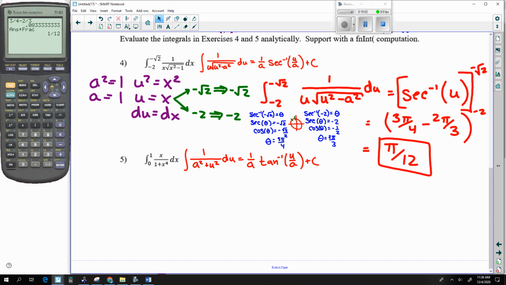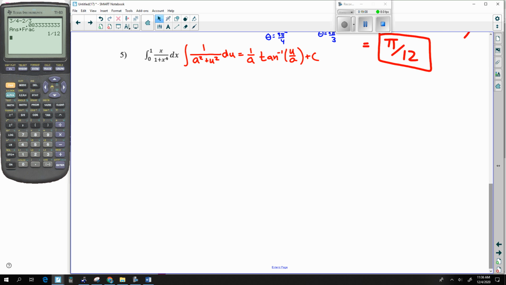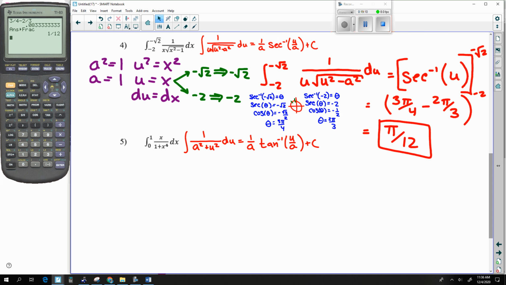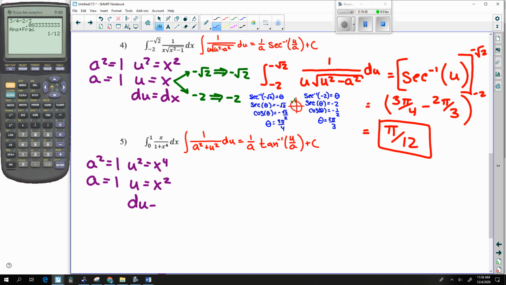All right. So making some basic substitutions and just kind of drawing how I made my decisions thus far. What I made a squared is 1, that makes a 1. I made u squared equal to x to the 4th, that makes u equal to x squared, and that makes du equal to 2x dx.